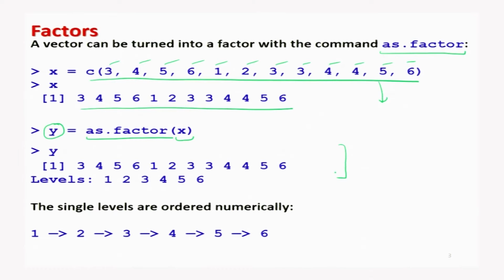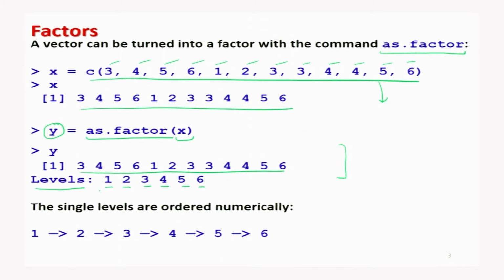You can see that this data is now in the form of a factor, and after that it gives you the levels, which are 1, 2, 3, 4, 5 and 6. One point you have to observe here is that when you consider numerical data, these levels are ordered numerically.